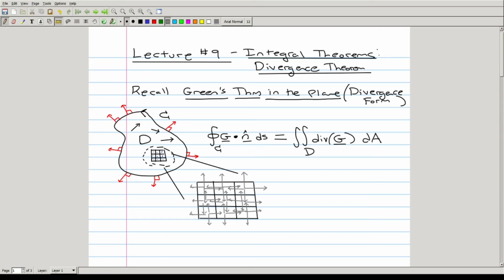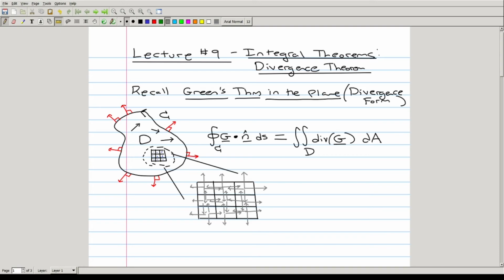And what this Green's theorem in the plane is essentially telling us is that in the limit for the Riemann sums of this double integral, in almost exactly the same way as Stokes' theorem, as these rectangles get smaller and smaller, the pointwise value of the divergence in neighboring cells is essentially equal and opposite.